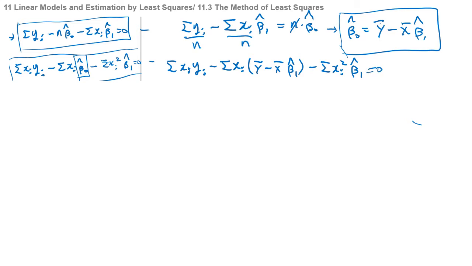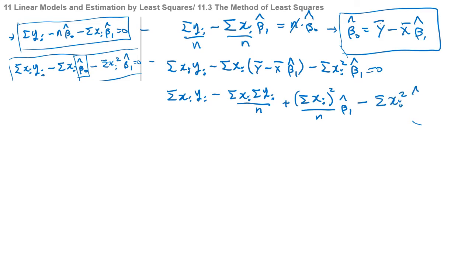And from here, let's solve: sum of xi yi minus sum of xi, let's write it this way, sum of yi divided by n, plus sum of xi square divided by n beta 1 hat minus sum of xi square beta 1 hat equals 0.